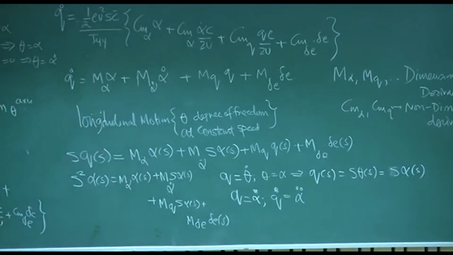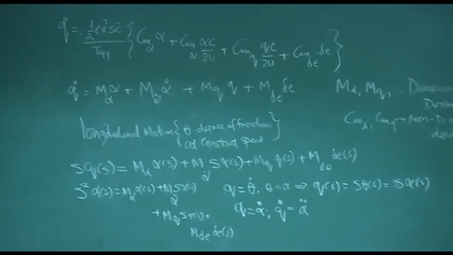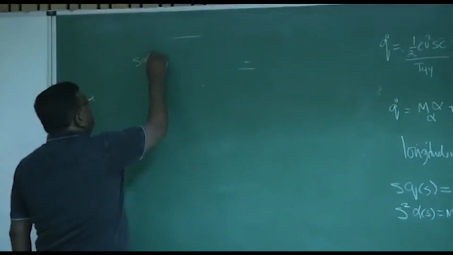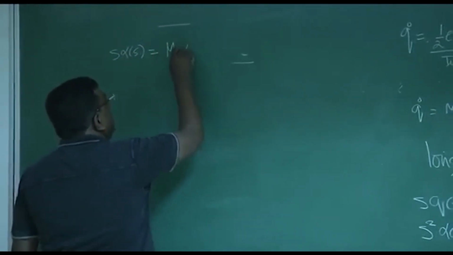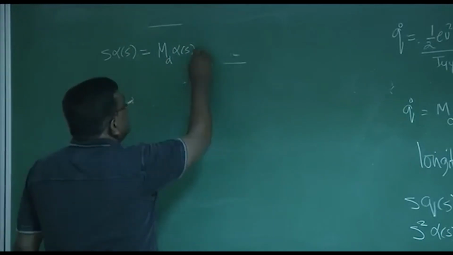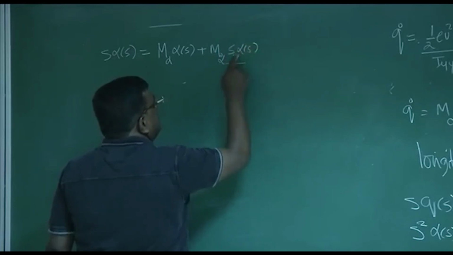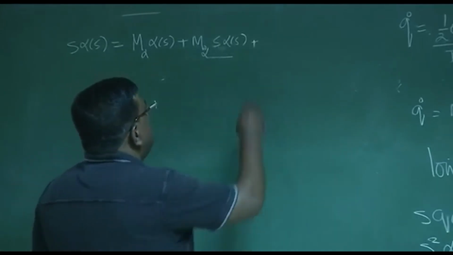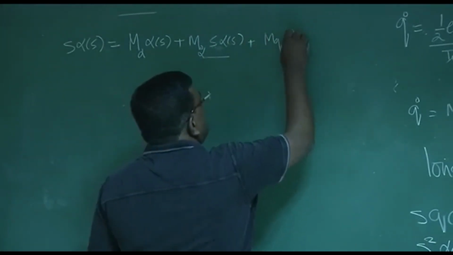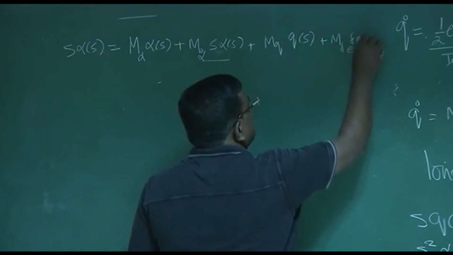Okay, let me write it again so that you understand, because I could see so many terms going here and there. So let me write it like this. S alpha of S is equal to M alpha into alpha of S, no problem, plus M alpha dot into S alpha of S, no problem here, plus MQ into Q of S, then M delta E into delta E of S, right?